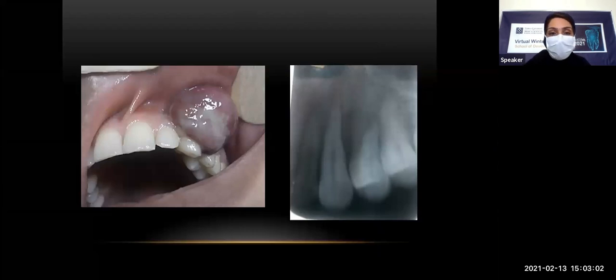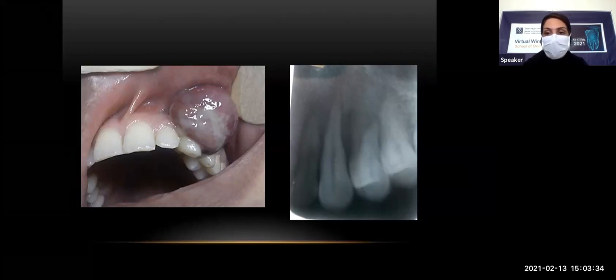In the next slide, you can see the clinical feature of a lesion that was pedunculated and had an intact surface with a dark red color in the area of the interdental papilla, in the area of the canine and first maxillary molar teeth, and the patient reported the duration of this lesion as about 3 months.